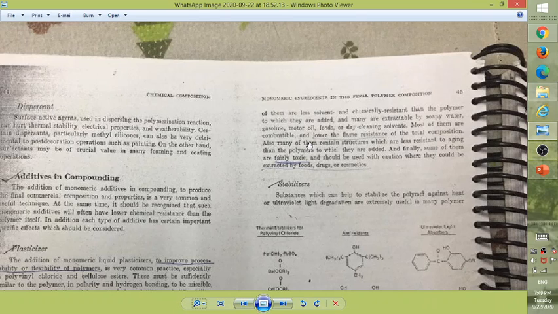Most of them are combustible and lower the flame resistance of the total composition. Also, many of them contain structures which are less resistant to heating than the polymer to which they are added. And finally, some of them are fairly toxic and should be used with caution where they could be extracted by food, drugs, or cosmetics.